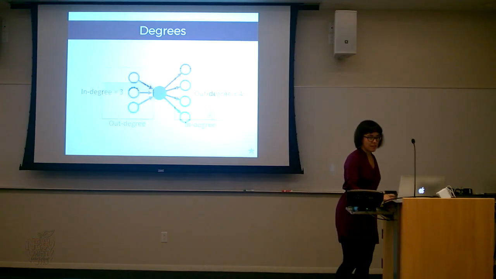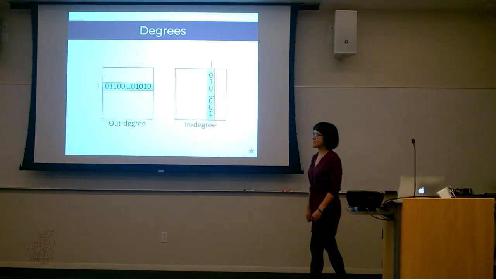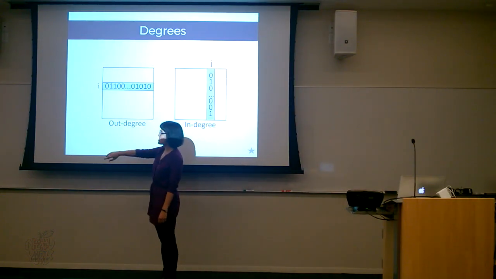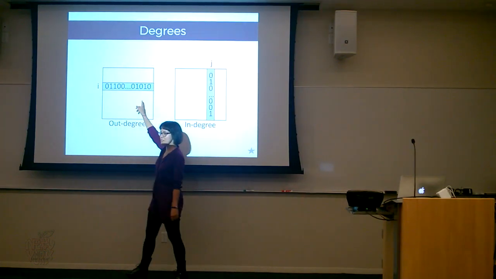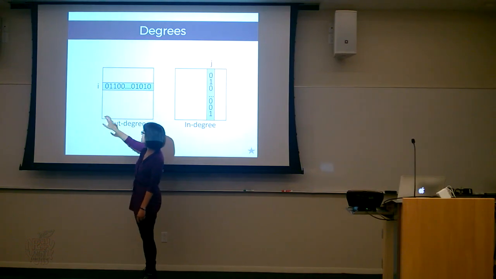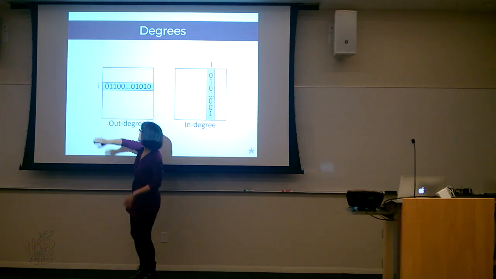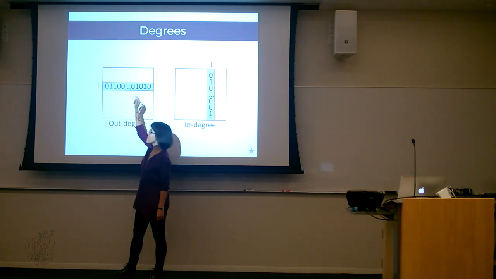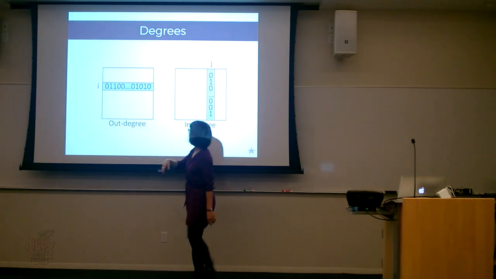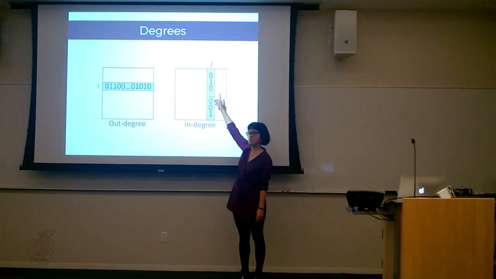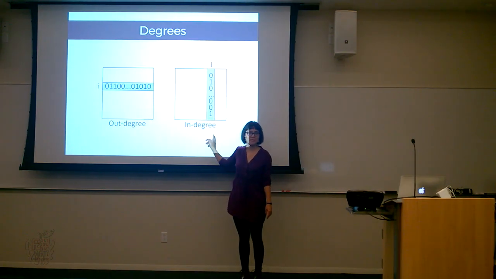And when we have things represented in the adjacency matrix, the out degree is just a row corresponding to every node. Because for every link from I into any other node, we will have 1 in this row, and 0 if there is no link. And the same for in degrees. Every in degree is just a column in this network.